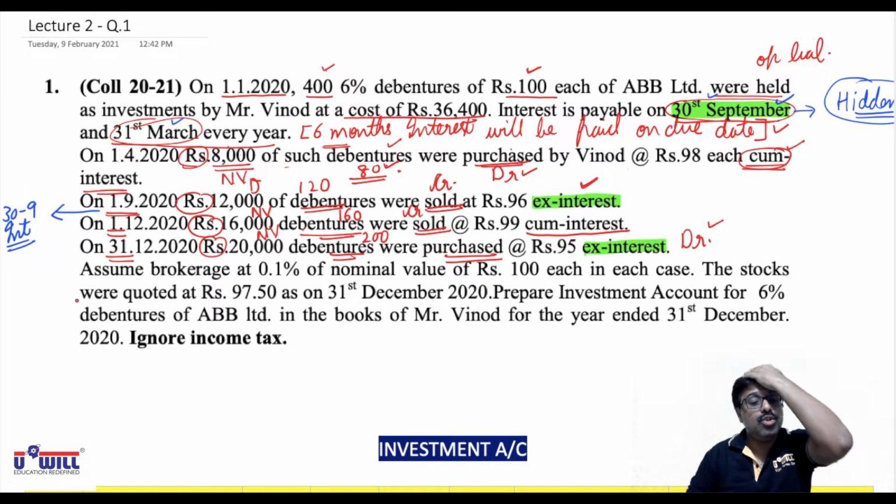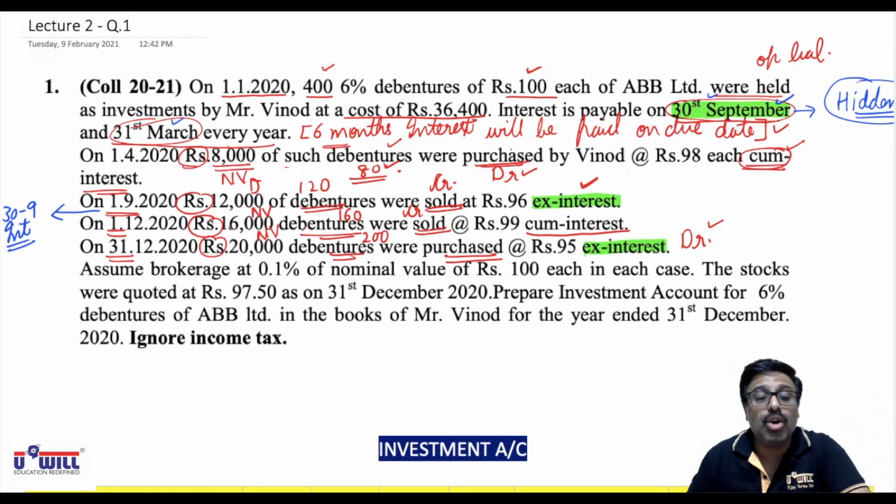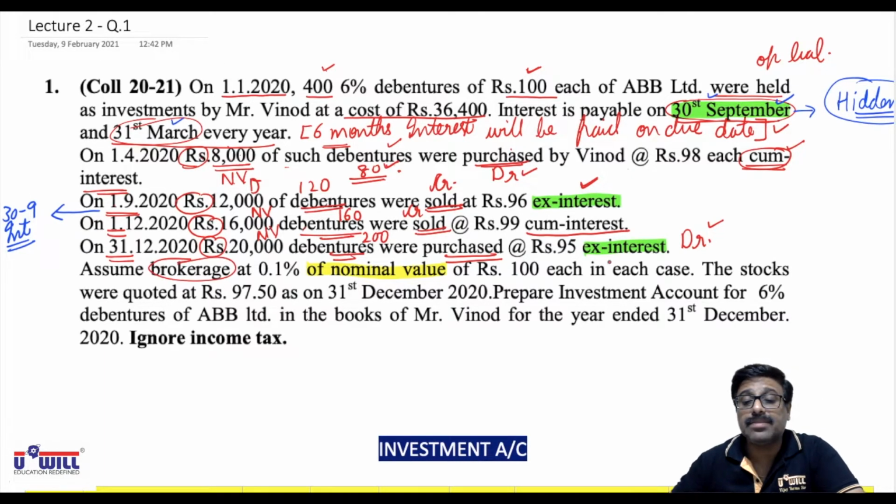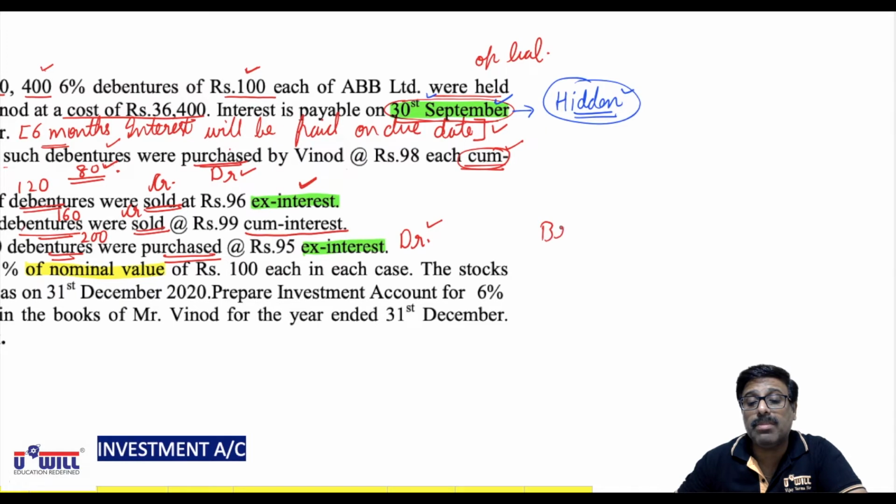Now, assume brokerage at 0.1% of nominal value of rupees 100 each in each case. Brokerage, what will you do? Remember this. You are studying this since childhood of commerce.